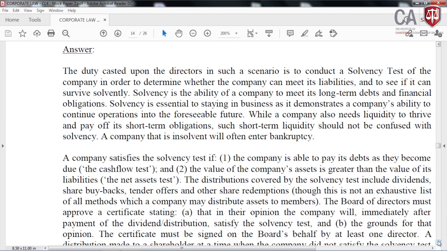So what that shareholder would want from a prudent director who has been appointed to the board is to conduct a solvency test and report to the shareholders whether the company can exist solvently.